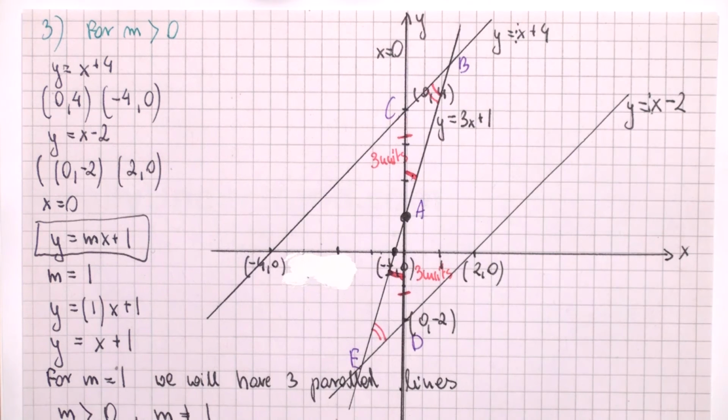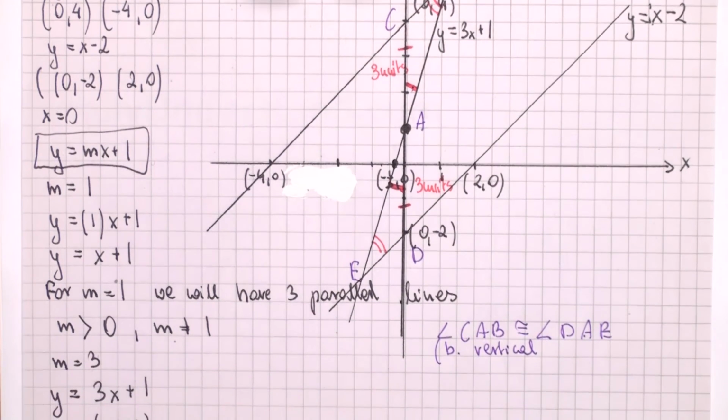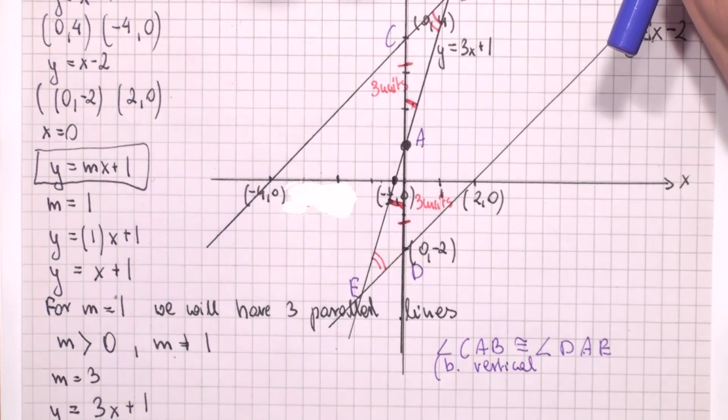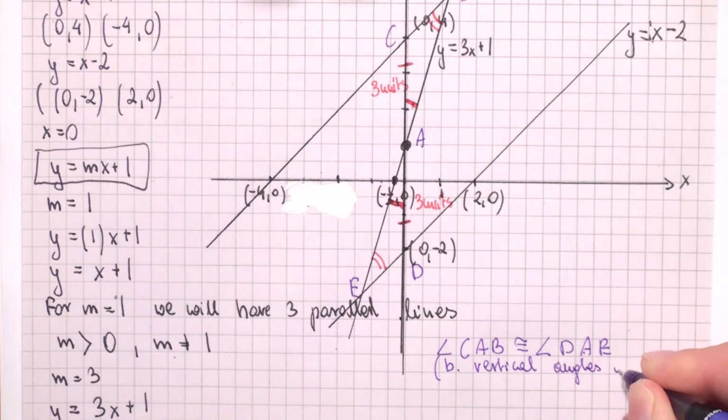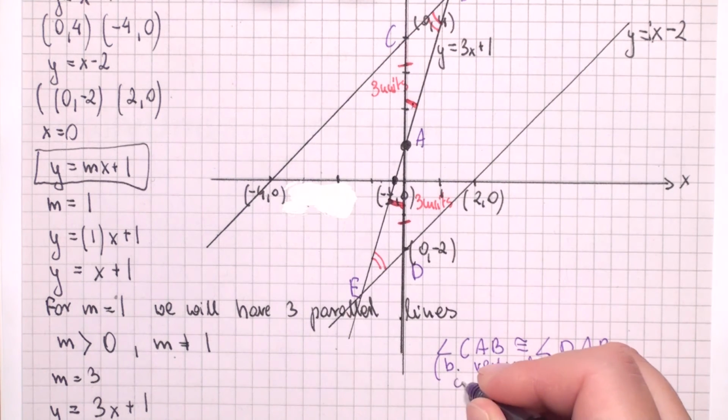So we can write that angle CAB is congruent to angle DAE because vertical angles are congruent.